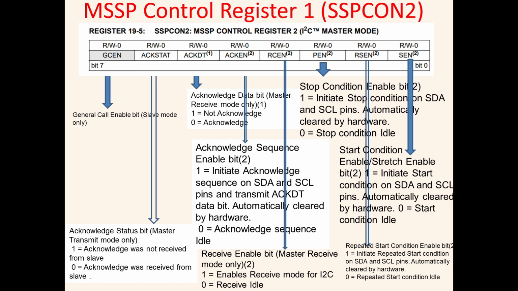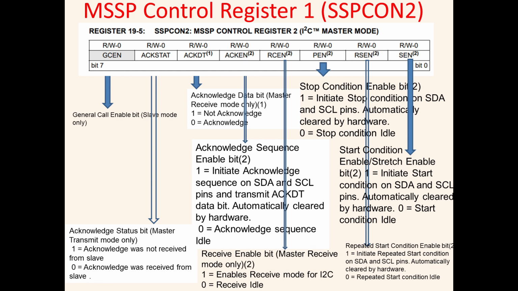Otherwise, it will be idle, so no reception will be enabled. So for your master to receive any kind of data from your slave, this bit has to be taken into consideration. Along with that, if you want to check the status of the data bit on SDA and SCL, this bit has to be enabled.